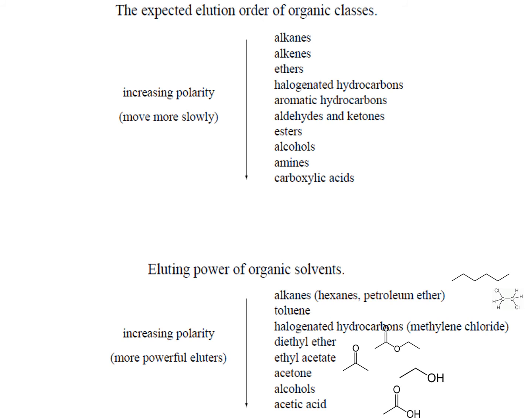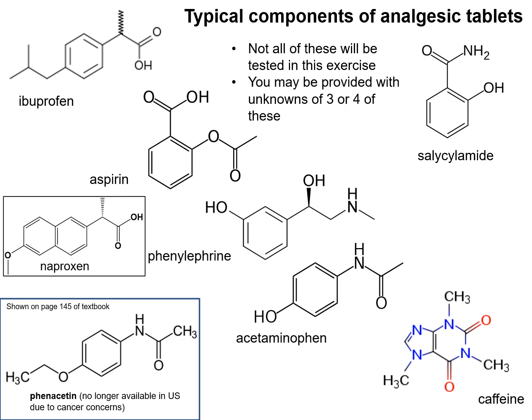If you use polar compounds, they will remain at the bottom of the thin layer chromatographic plate, whereas the non-polar compounds will go along with the mobile phase, and we shall see them at the top of the plate.